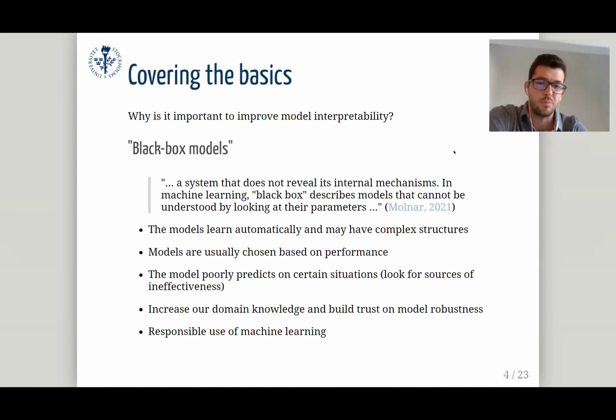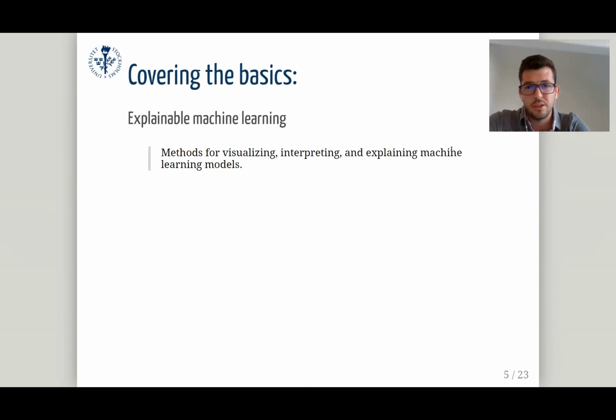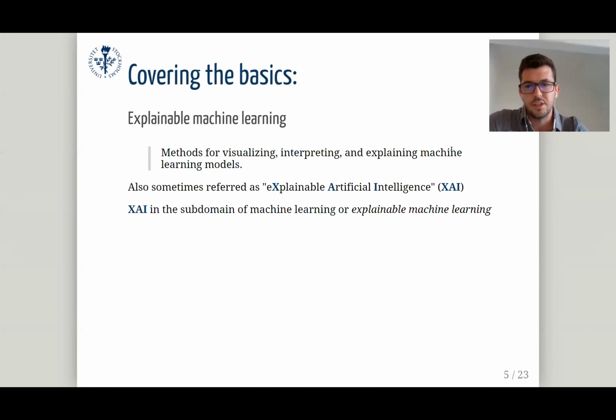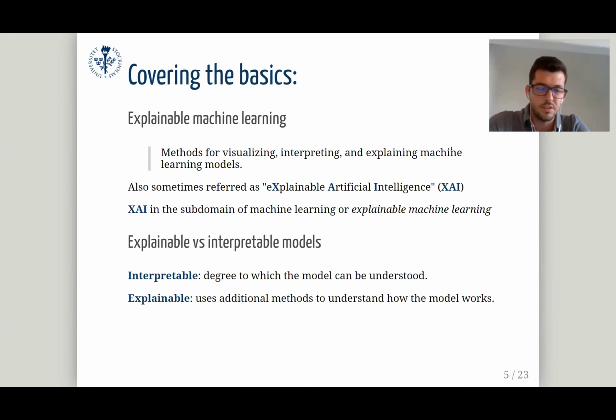Explainable machine learning, for me, are methods that are used for visualizing, interpreting, and explaining machine learning models. They are also sometimes referred to as explainable artificial intelligence, but then it's the use of explainable artificial intelligence in the subdomain of machine learning. There are different definitions I've seen over time for what's an explainable or interpretable model, and the ones I think are most suited are that interpretable is the degree to which a model can be understood.